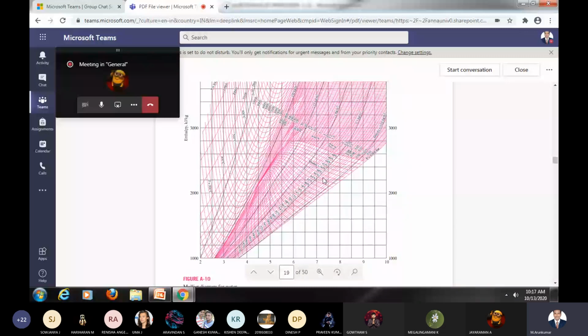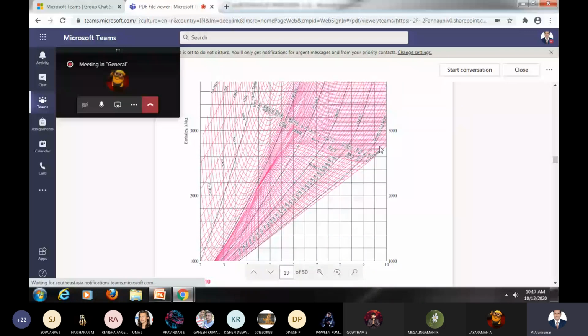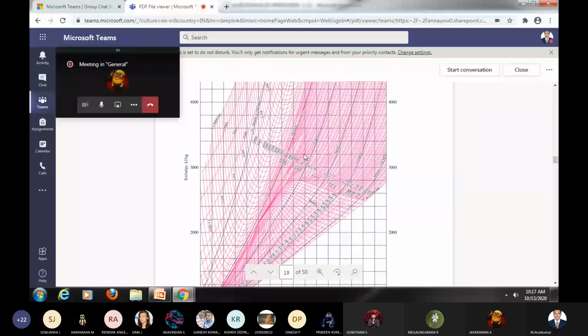This diagram has the enthalpy value on the y-axis and the entropy value on the x-axis. We also have some pressure lines, from P equal to 0.01 bar up to P equal to 10,000 bar. So these are the pressure lines.